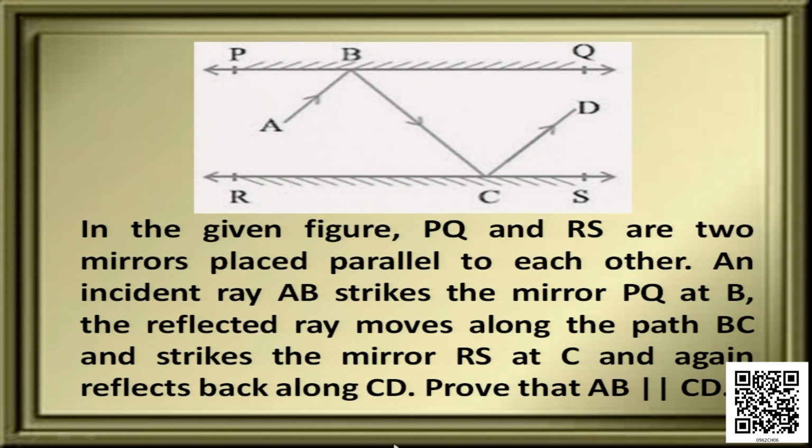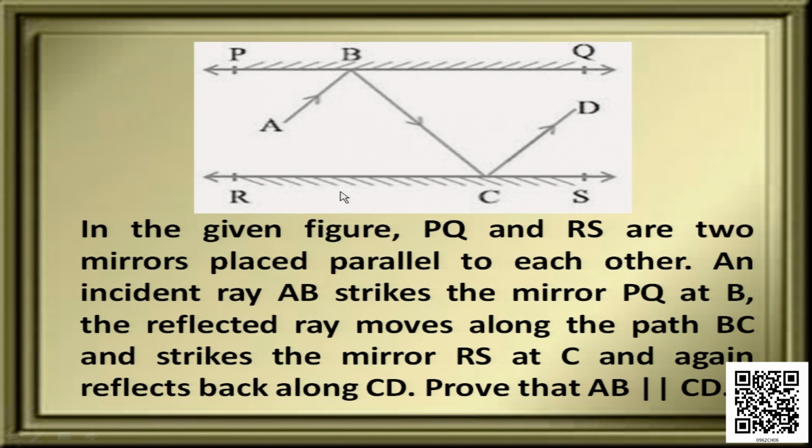The reflected ray moves along path BC, and again it strikes RS, and it is reflected back along CD. So we have to prove that AB and CD are parallel.